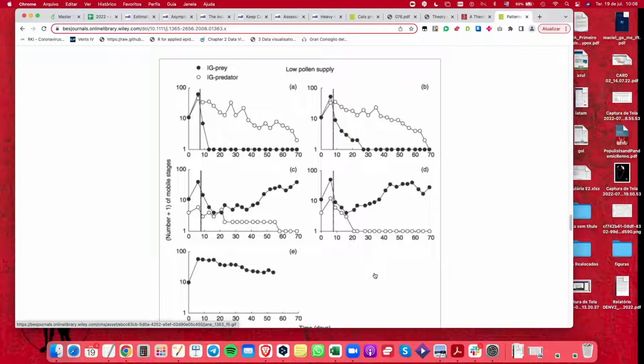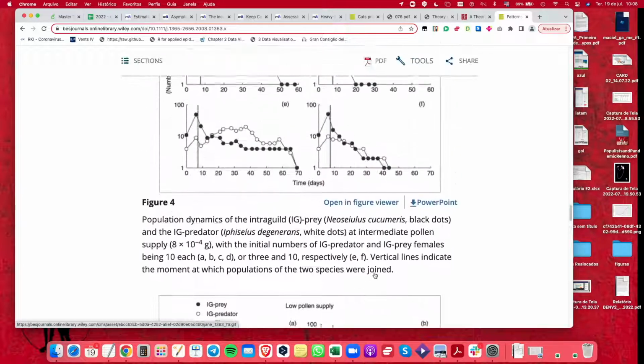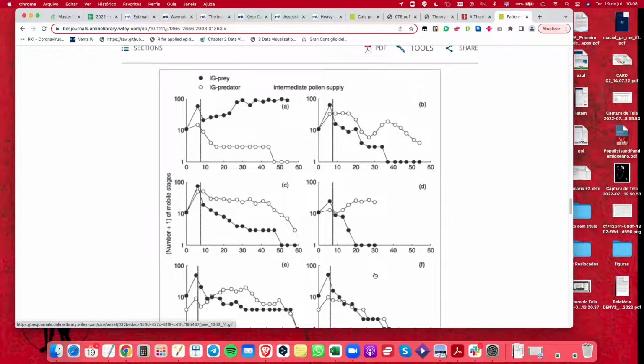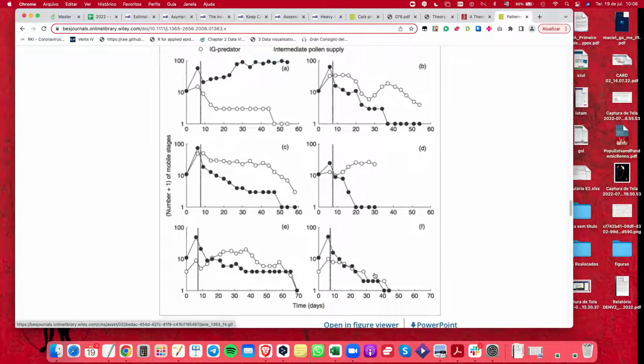So what could be happening here? We should maybe look at this one. The integral prey will always start at 100, at 10, and this line here is where they are separated.